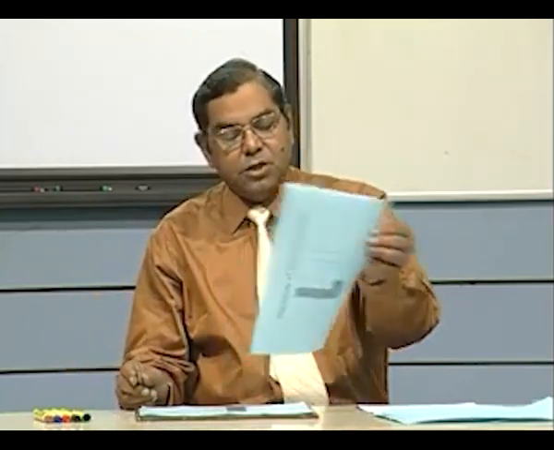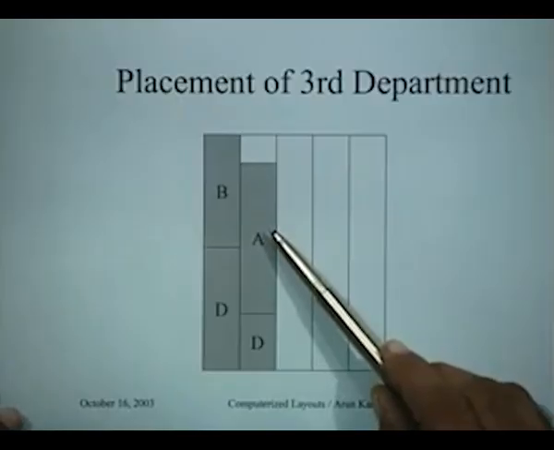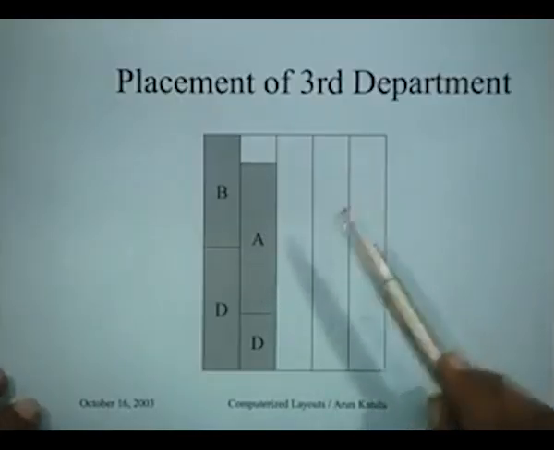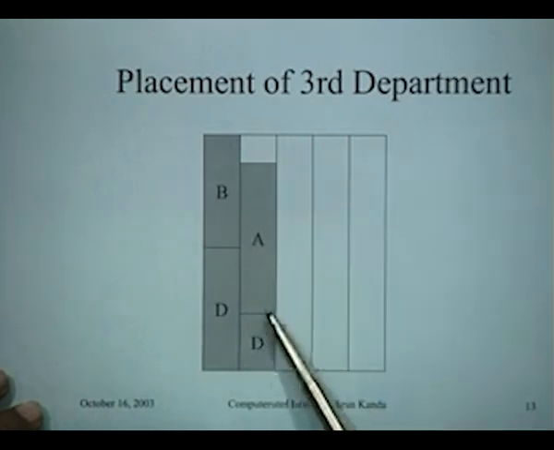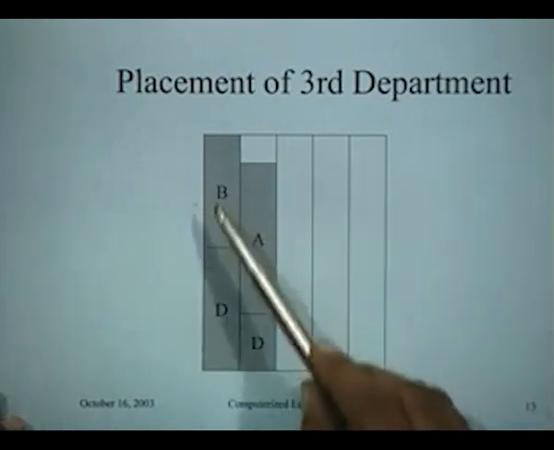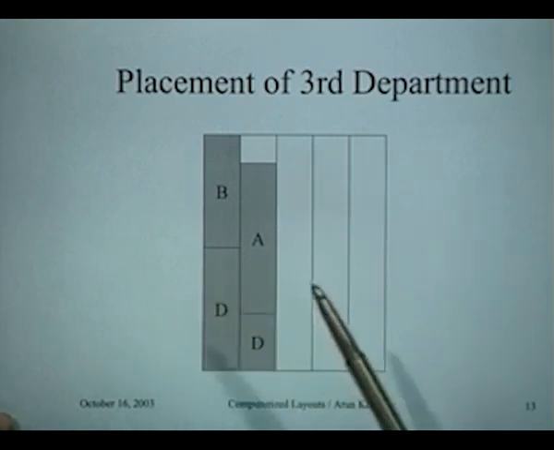Based on that information, suppose that department A is picked up for placement. So we place department A depending upon its requirements here. We have now been able to place 3 departments in the layout.